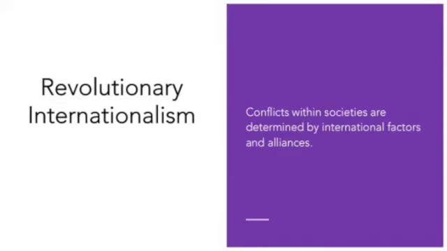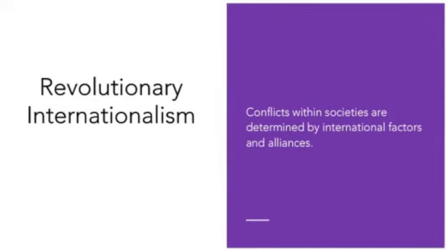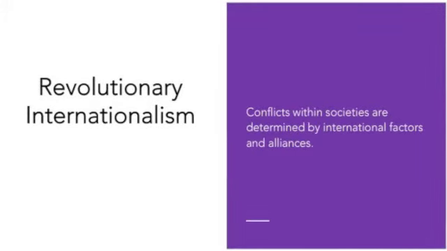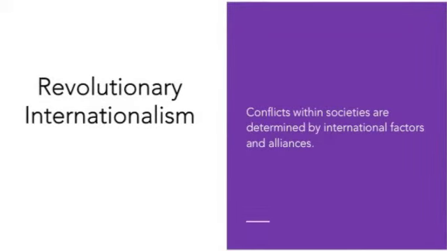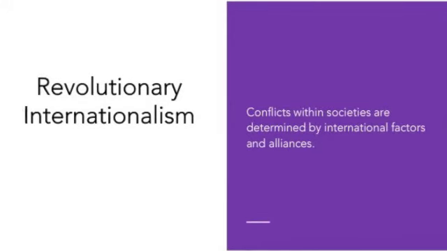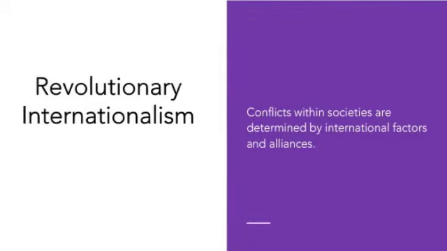The next type of internationalism is revolutionary internationalism. Revolutionary internationalists believe that conflicts within societies are determined by international factors and alliances. Although revolutionary internationalism is not as common today as either hegemonic or liberal internationalism, it played a very important role shaping the modern world.